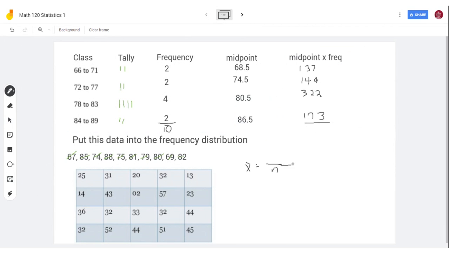So that's n, and this is just the crazy formula of it. It's midpoint times frequency over n. Actually it should not be n, it's the sum.